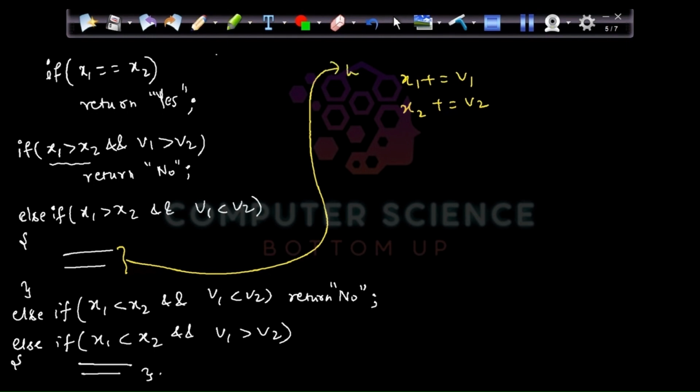I am supposed to do this till x2 is less than x1. And after every update of x1 and x2, I will check if they are equal. In case they are equal, I will return yes.